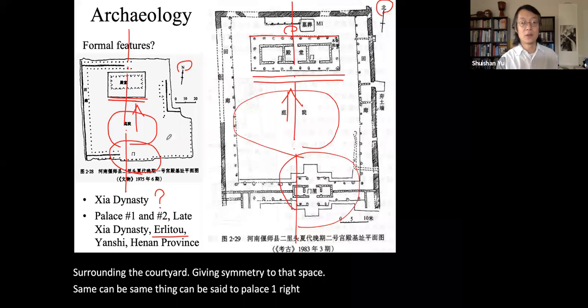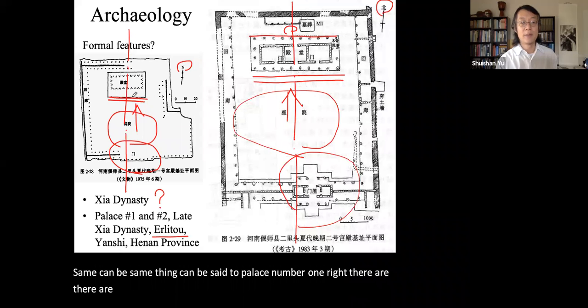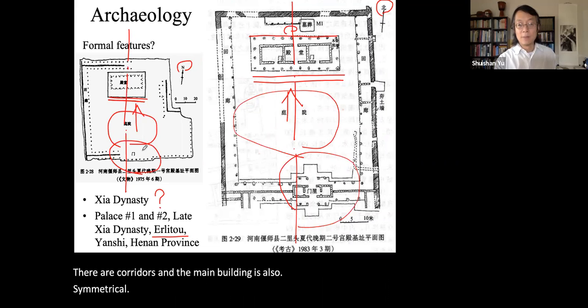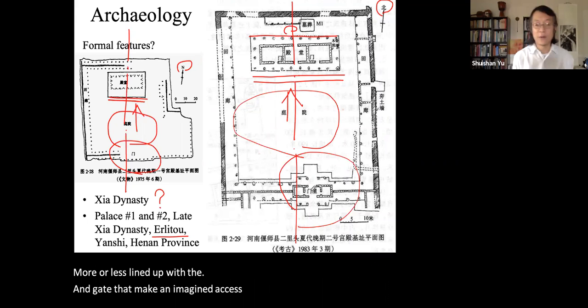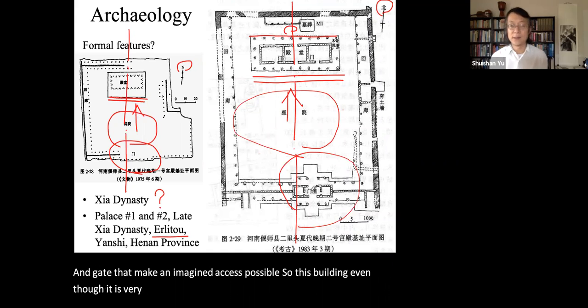There are corridors, and the main building is also symmetrical. And the main building is more or less lined up with the main gate, which makes an imagined axis possible. So this building, even though it is very early, displays a lot of characteristic features of future Chinese architecture.